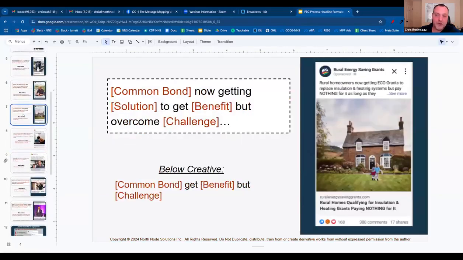Look at this. Rural homeowners, instead of saying, here's how you can get ECHO grants to replace insulation and heating systems. Or you say, are you a homeowner? Or attention homeowners. That's what everyone else does.